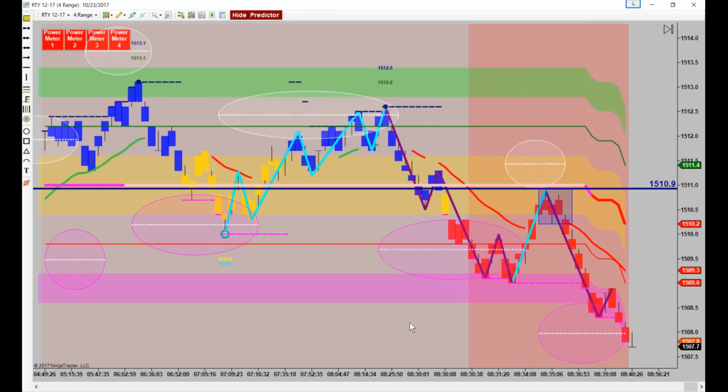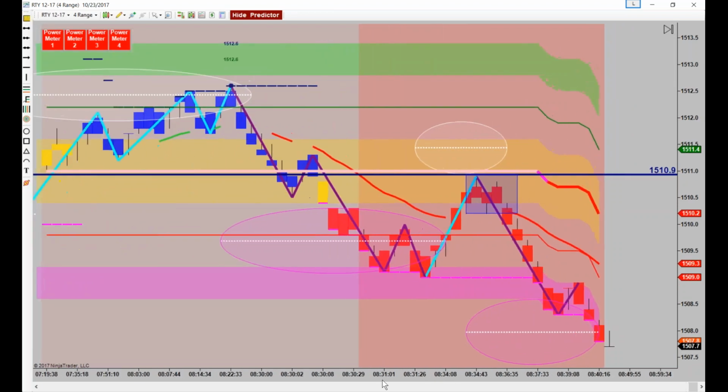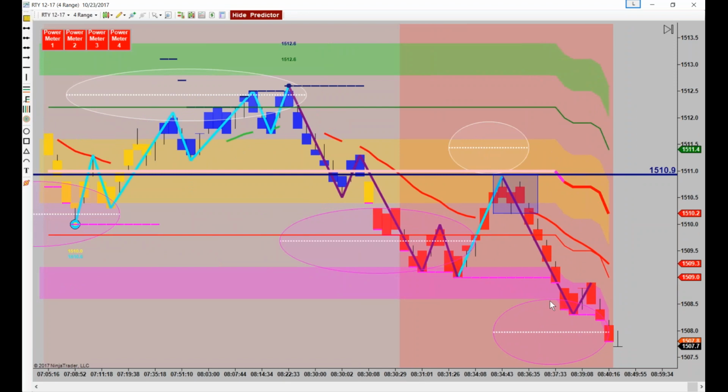So let me ask you a question now. If you were in this trade and you made good money, okay, and you boxed it in, where would your stop be on this chart? Anybody? Wouldn't it be lightning on the left? Wouldn't that be the better place to do it?